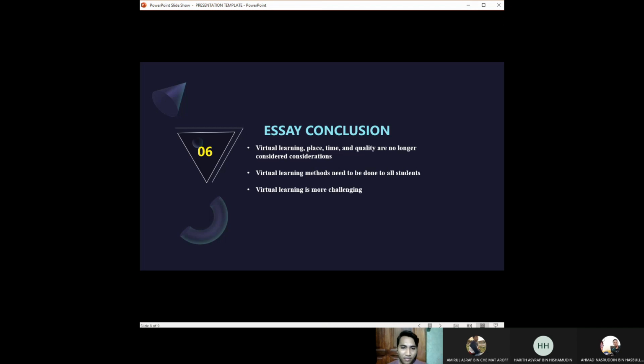Various methods have been applied in virtual learning, and it is more challenging than attending classes physically. Finally, virtual learning will measure students' understanding of their learning.